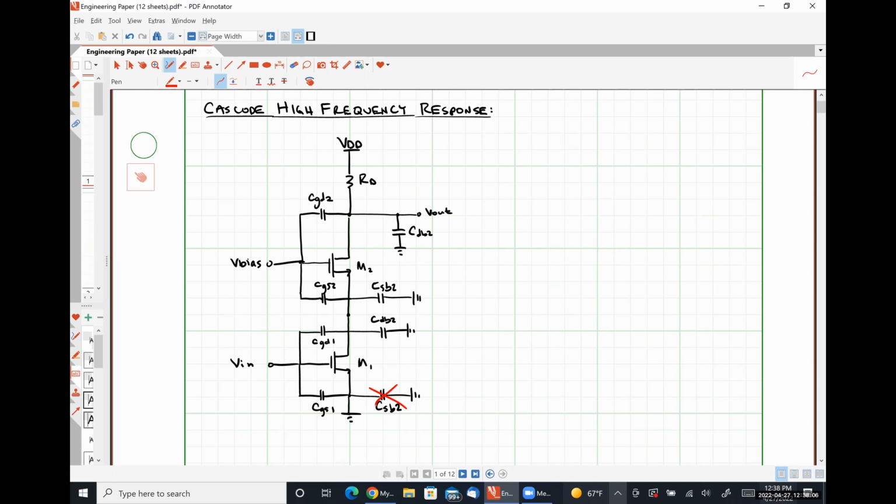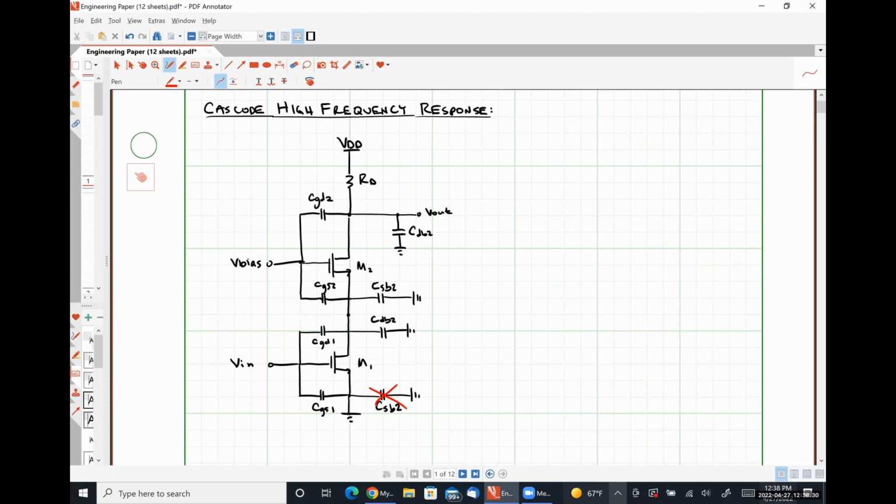CGS2, CSB2, and CDB1 will be in parallel as well. CGS1 is between the input node and ground, so that's going to be by itself. And then CGD1 is going to be the real pain in the butt to deal with because it's providing feedback between our gate and drain for transistor M1.